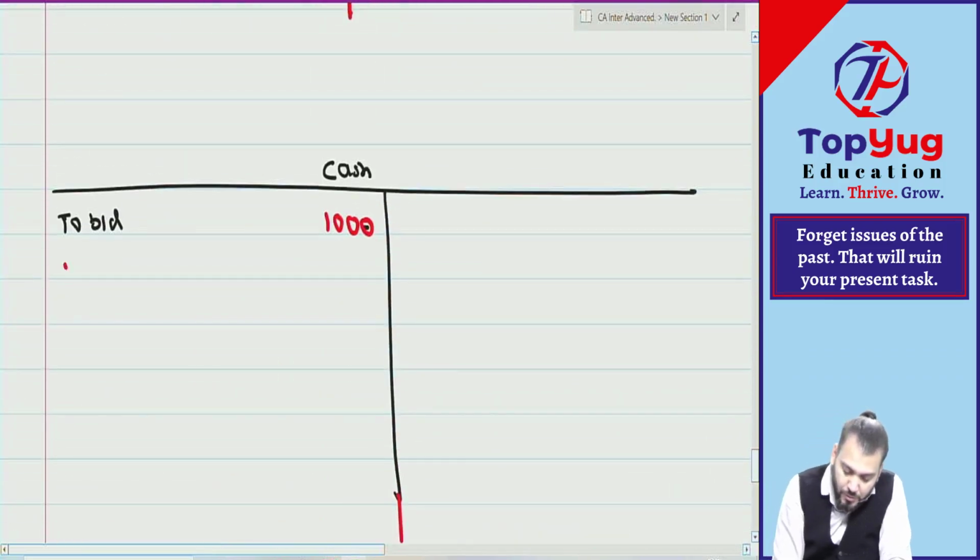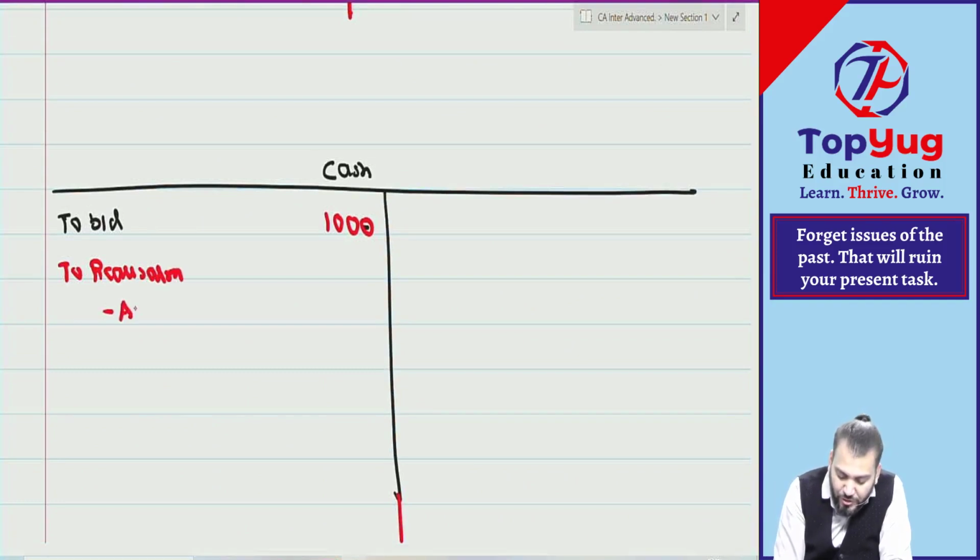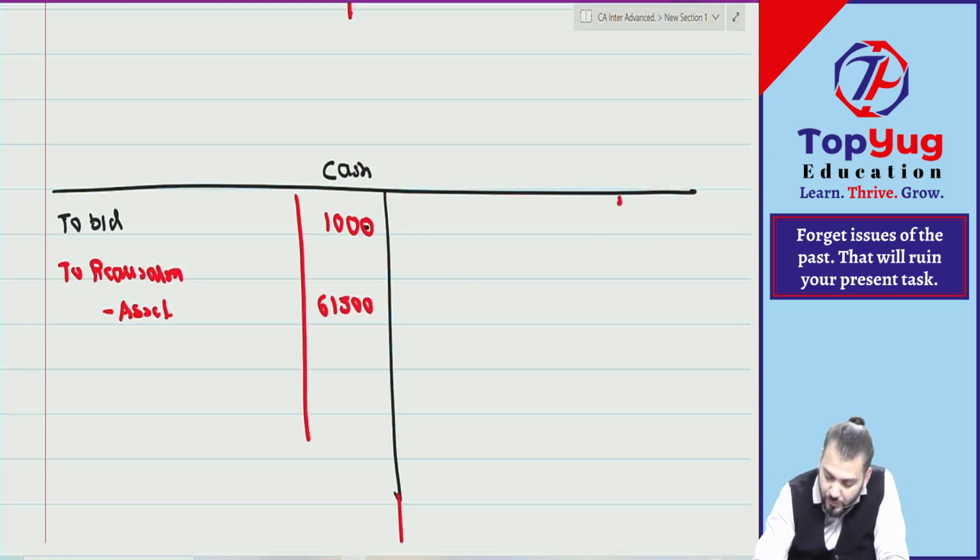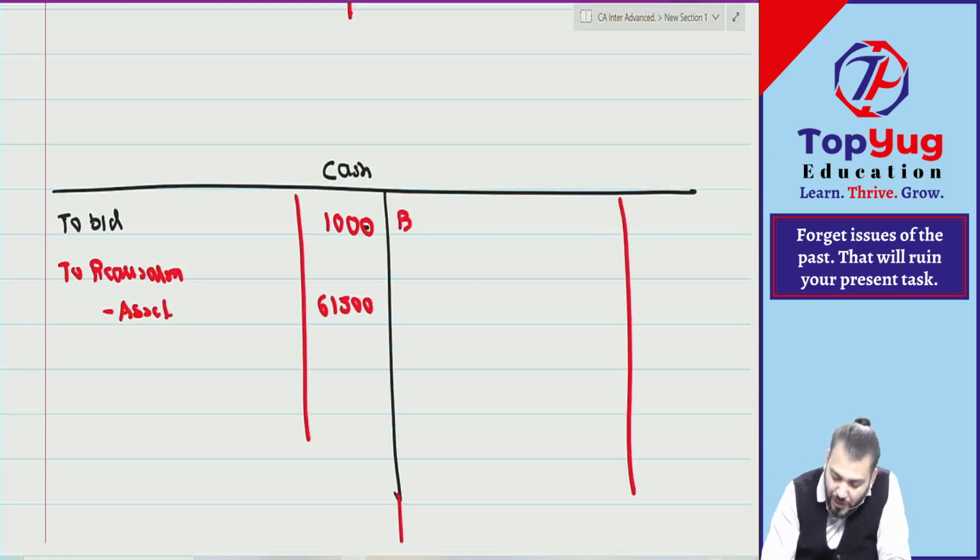Then with the realization, can you give me all assets realized, how much? 61,000, all of it. Then by realization, creditor, how much? 28,420. And there is one realization expense, how much?